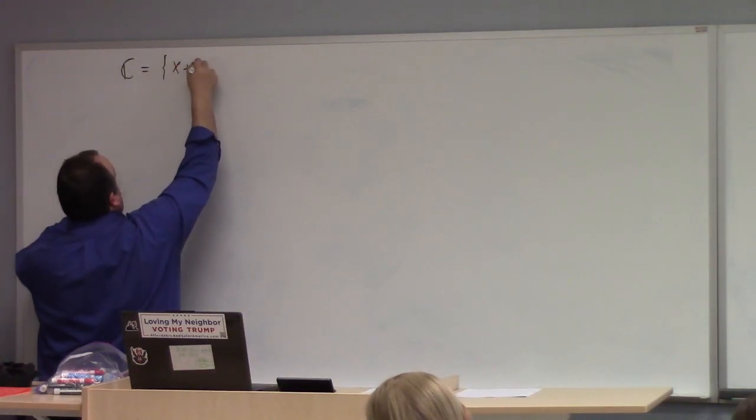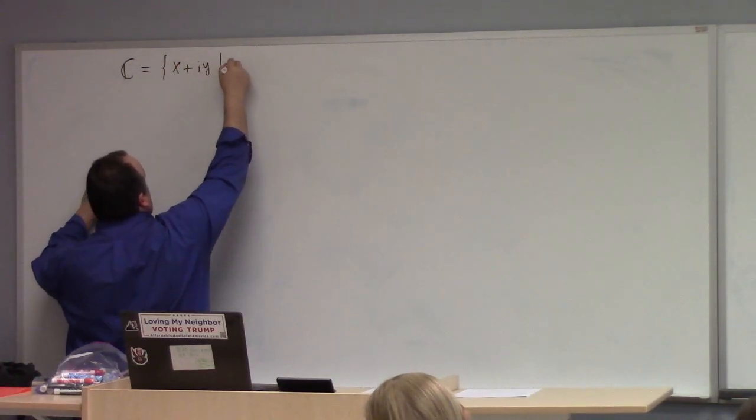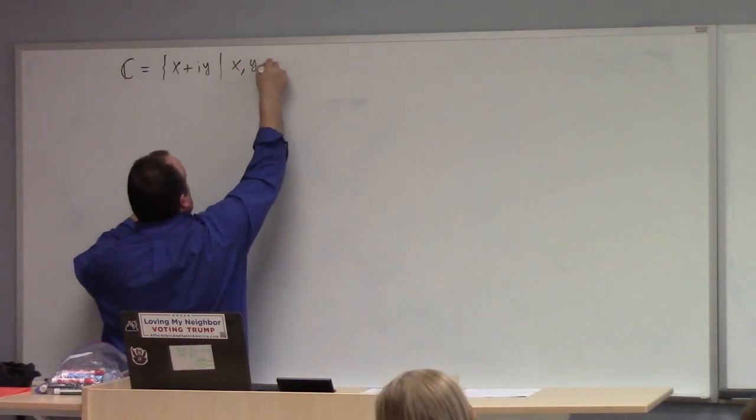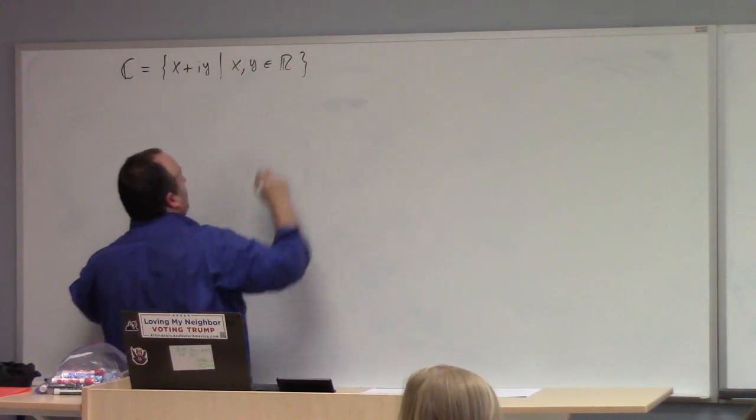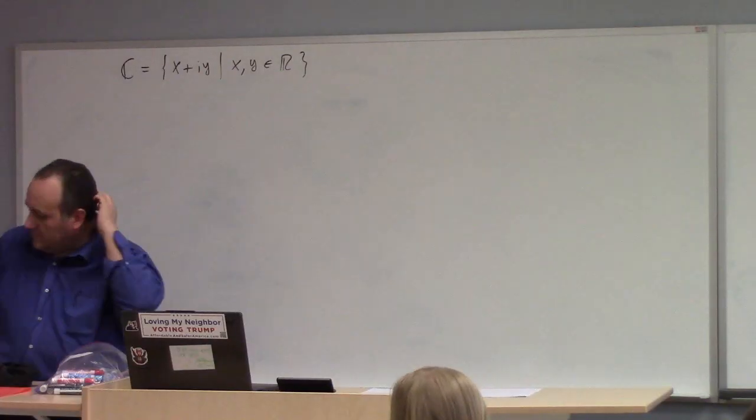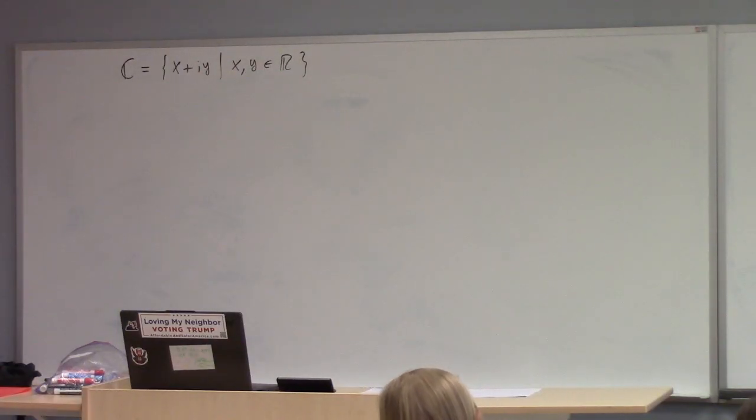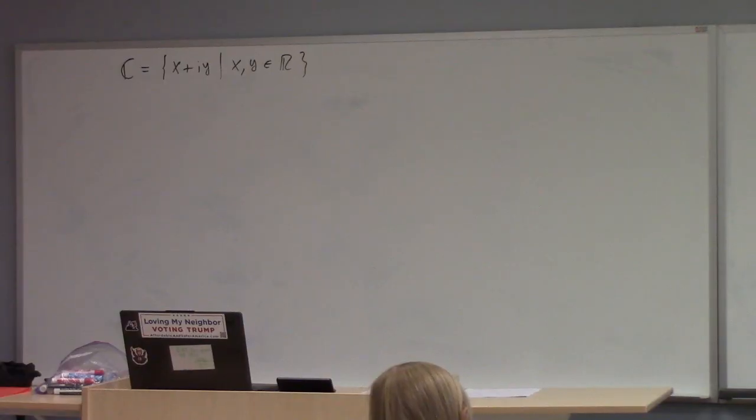So x plus iy, right? You guys know complex numbers. But I don't think I've talked about it in here, but every complex number can be put in what's called polar form. Do you guys know about the polar form of a complex number?